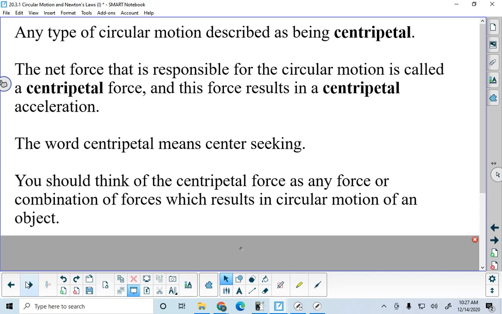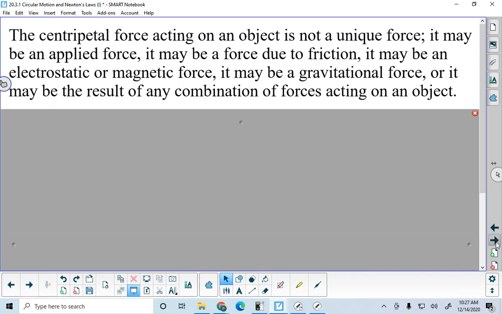And that centripetal force, we're leading up to something which is very important about it, is going to be the net force. So later on, you're going to probably start to think that centripetal force is some special force. Like there are forces of friction, gravitational forces, electric forces and magnetic forces. A centripetal force is not a separate type of force. It might be an applied force, or it might be a force of friction.